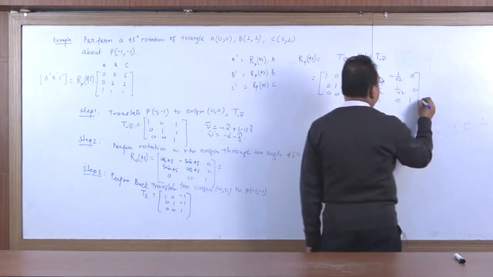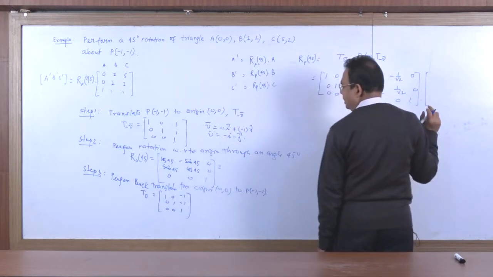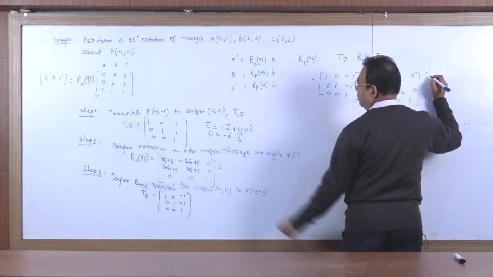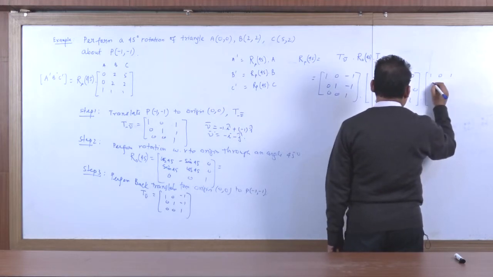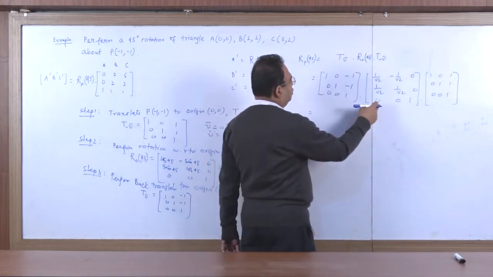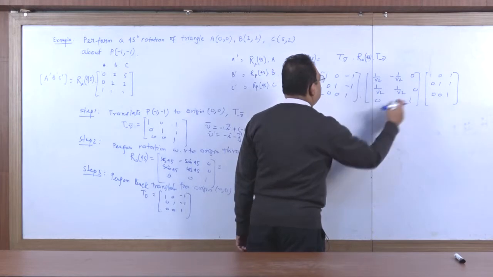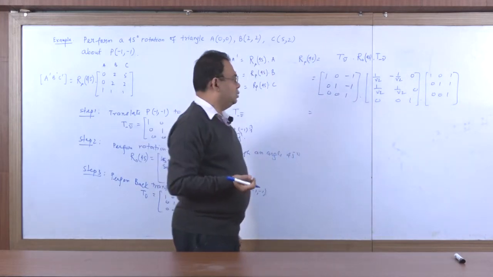Then on this you are applying T minus V, the step 1 matrix, that is 1, 0, 1, 0, 1, 1, 0, 0, 1. Now, if you multiply these three in any order, either multiplying the first two and then that result with the third, or the last two first, it does not matter because matrix multiplication is associative.